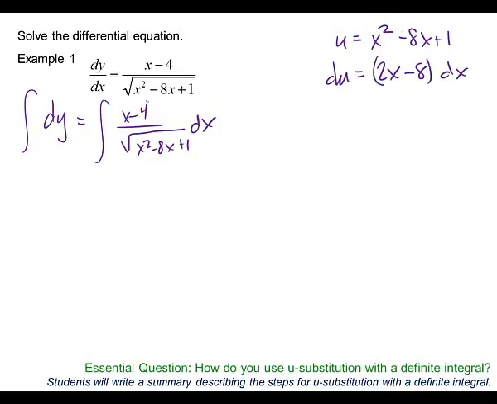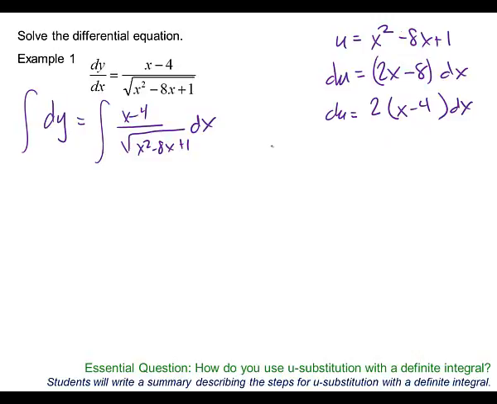Here's the thing. 2x minus 8 isn't here. We have an x minus 4. Could I create an x minus 4 out of this? Not multiply by 2. Divide by 2, right? Factor out a 2. Factoring is just division, isn't it? So 2 times (x minus 4) dx.